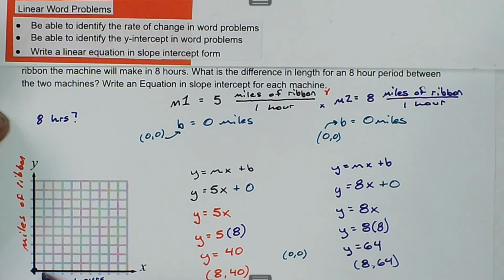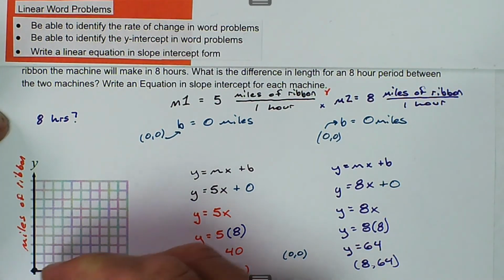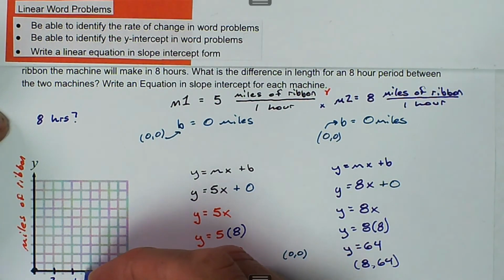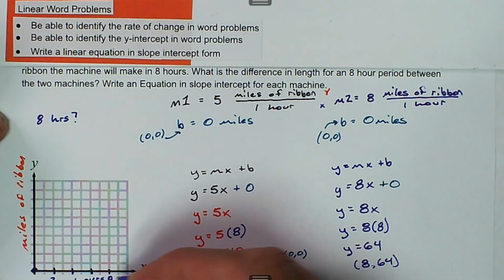So on the x-axis, we need to get up to 8, so a good thing to count by would be 1. So 1, 2, 3, 4, 5, 6, 7, 8, 9, 10.